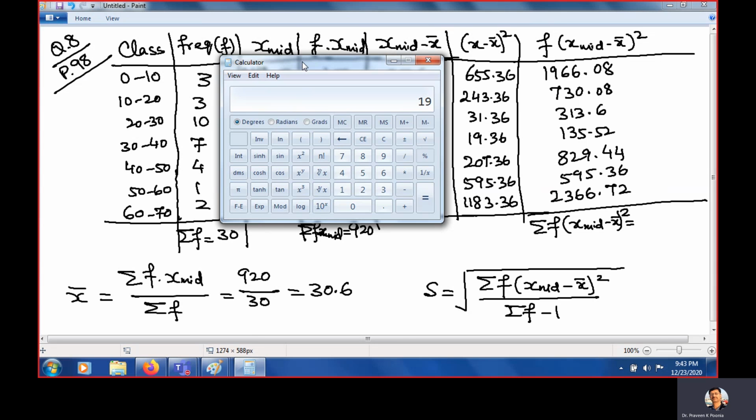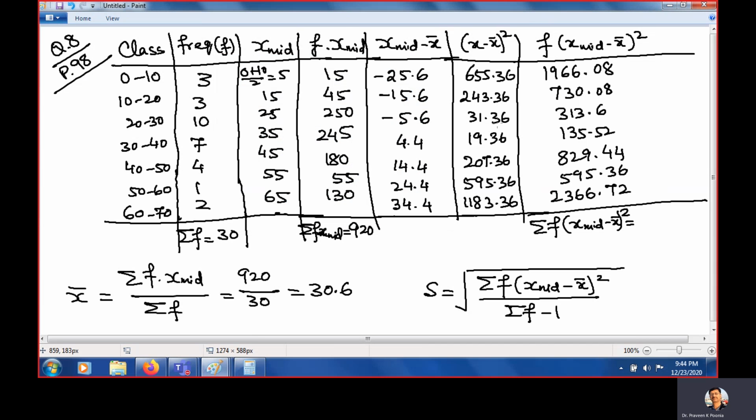It is 1966.08 plus 730.08 plus 313.6 plus 135.52 plus 829.44 plus 595.36 plus, and the last one is 2366.72, and the answer is 6936.8. This is the value. Clear?